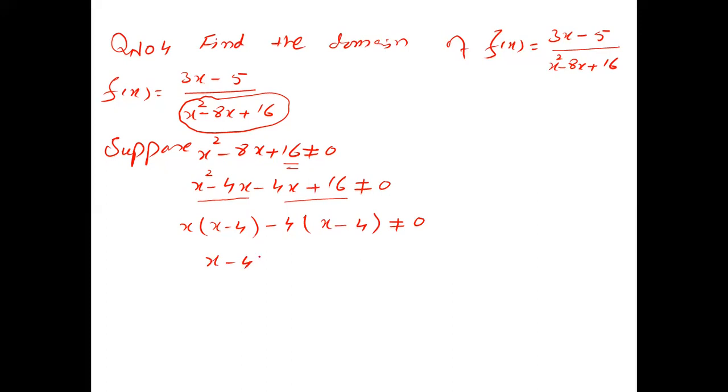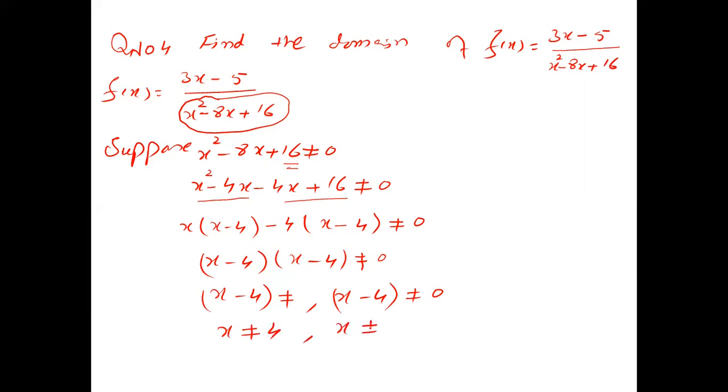So (x minus 4) into (x minus 4), two same values, not 0. x minus 4 should not be equal to 0, or we can write x should not be equal to 4. Now we will take only one value because these values are same.